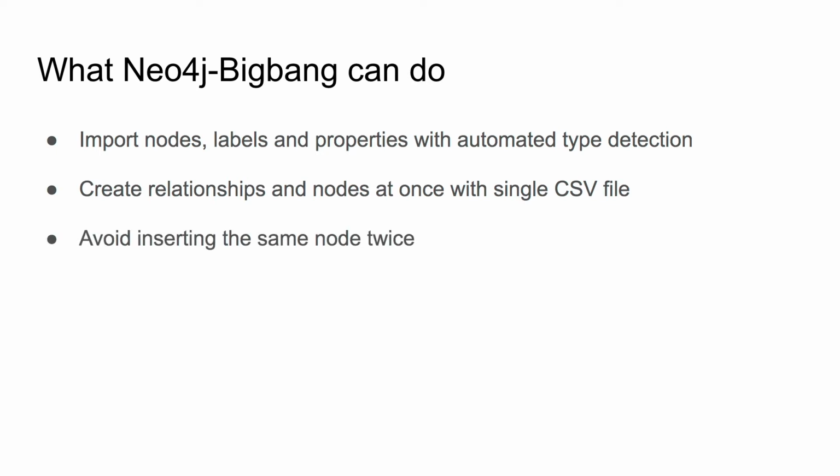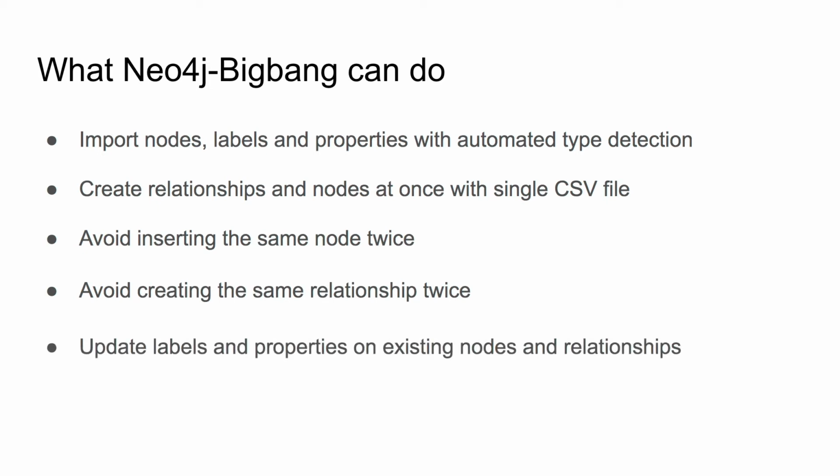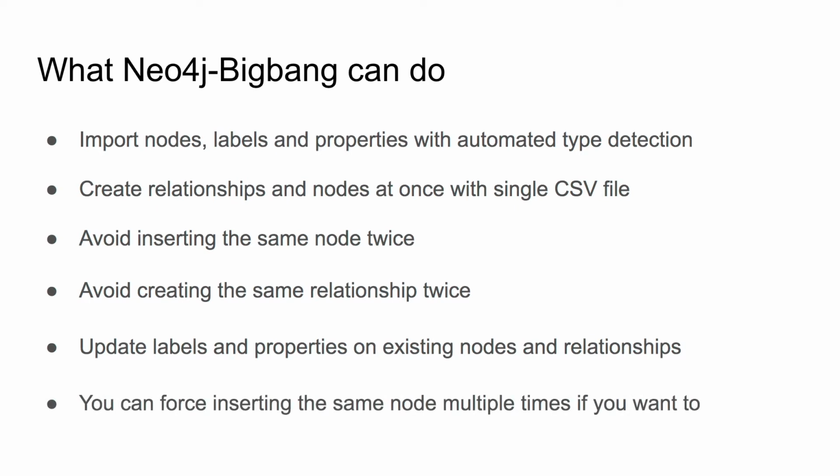Avoid inserting the same node twice. Avoid creating the same relationship twice. Update labels and properties on existing nodes and relationships. You can force inserting the same node multiple times if you want to.